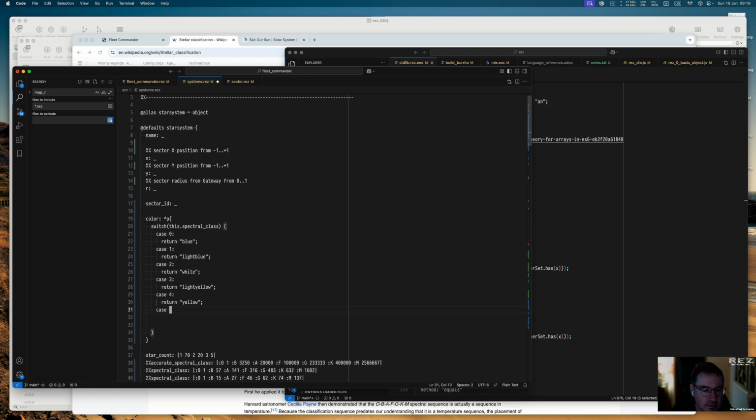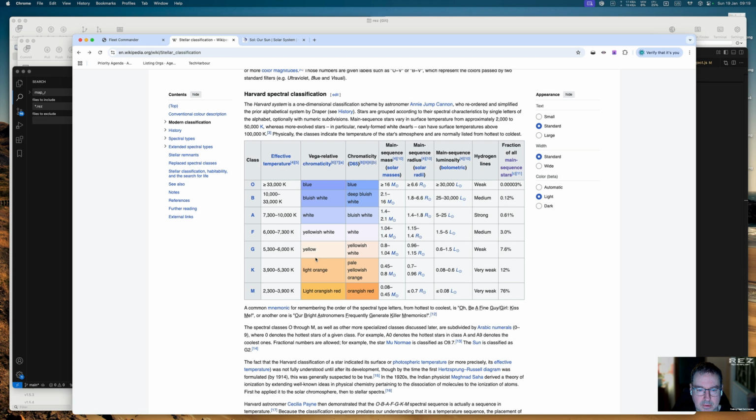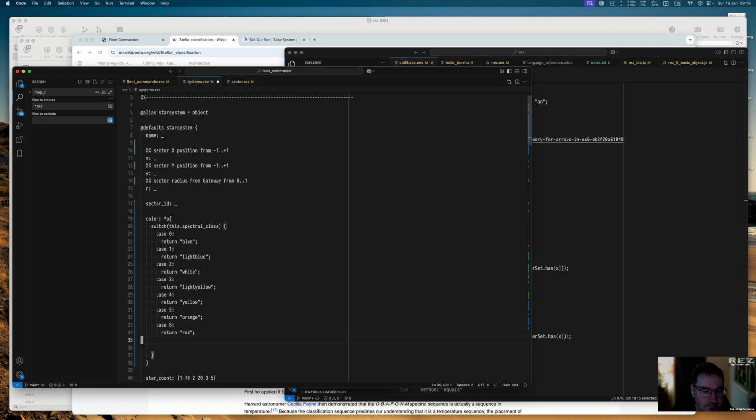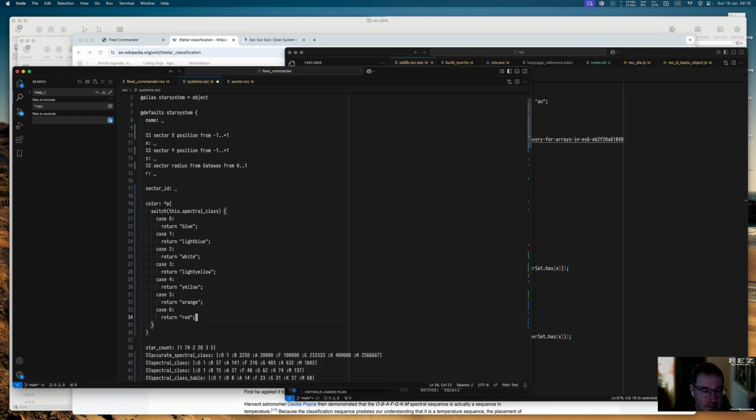Case 5, orange. Case 6, let's just go with red. And the default, purple. Right, so that should never happen. So it's just there as a kind of, if all goes wrong.